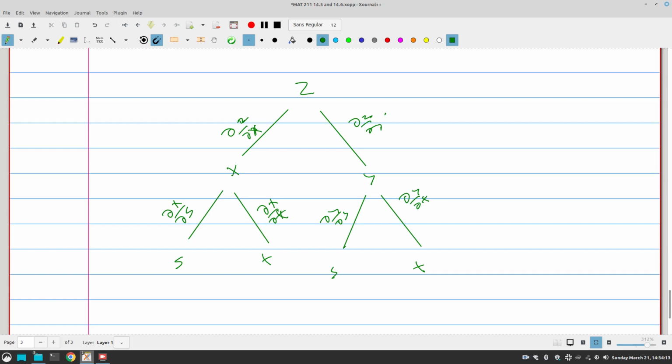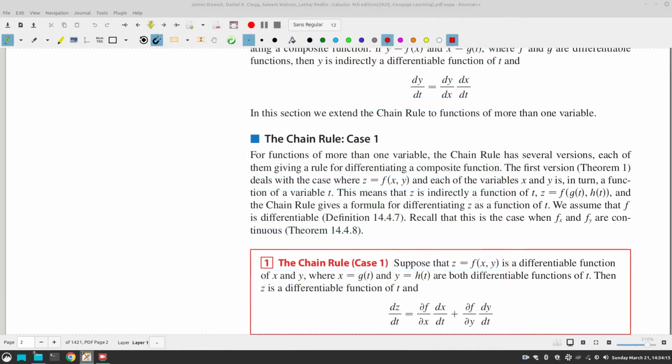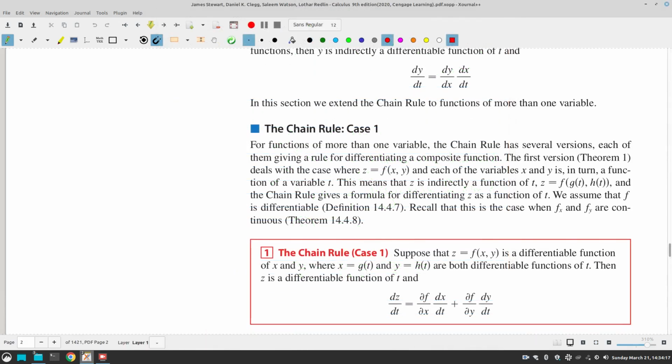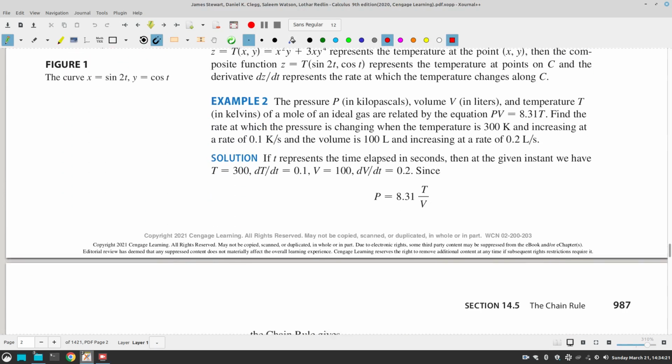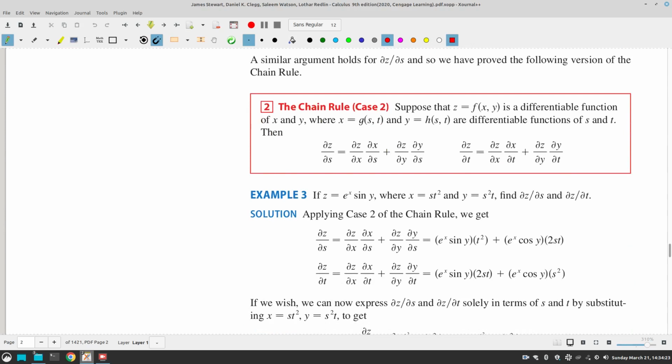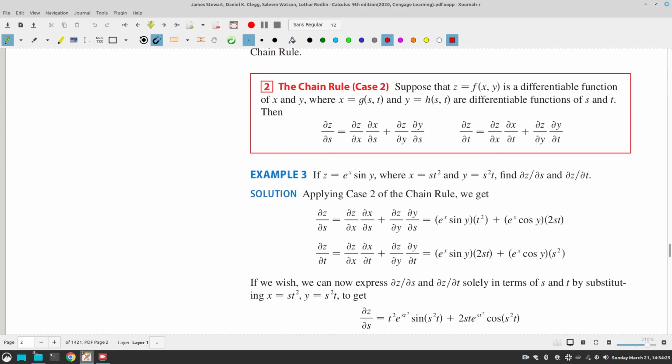So z is given by e to the x times sine y, and x equals s t squared and y equals s squared t. How do we find dz over ds and dz over dt? Remember again the chain rule. Dz over ds equals dz over dx, dx over ds plus dz over dy, dy over ds.